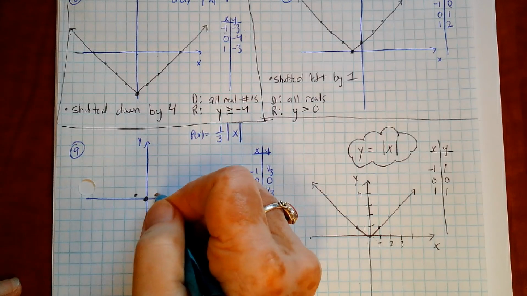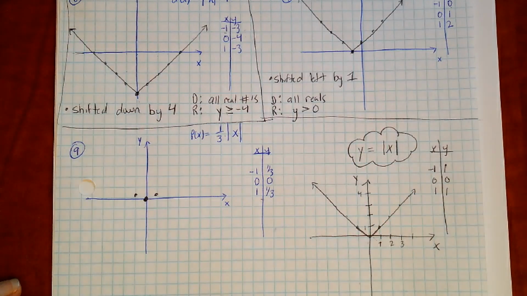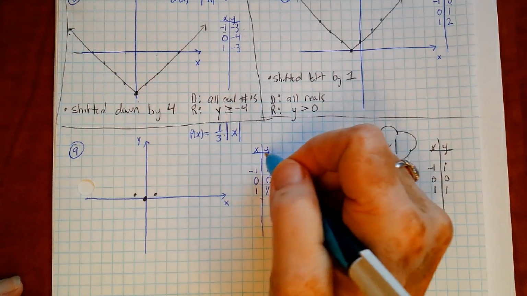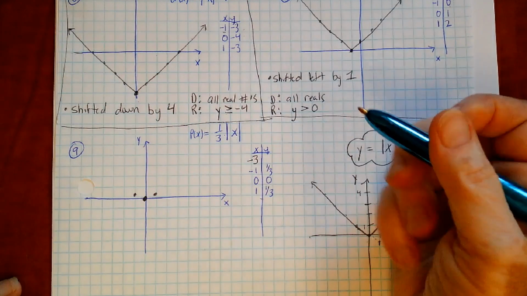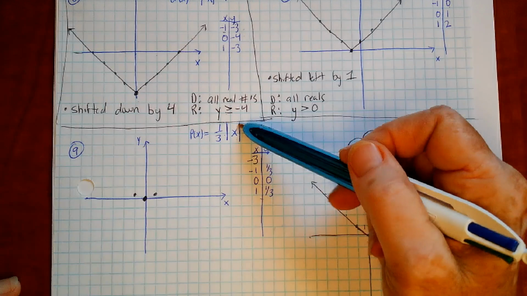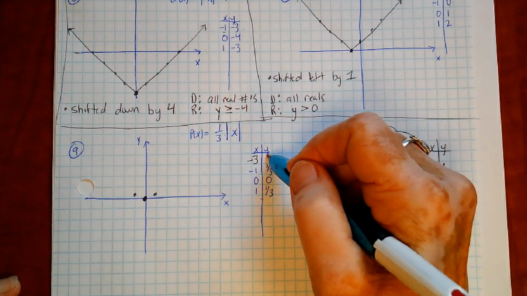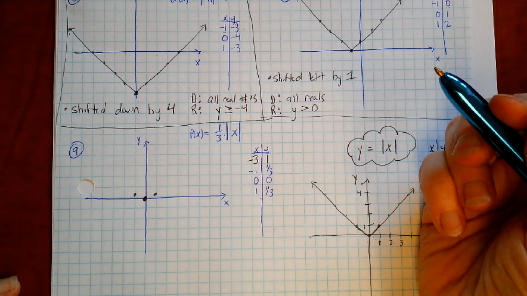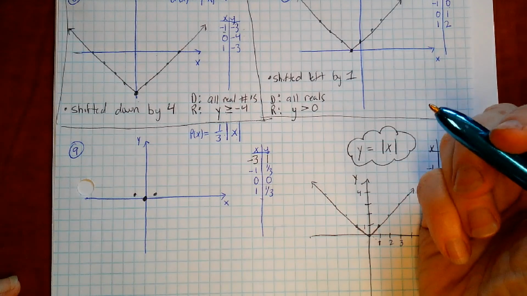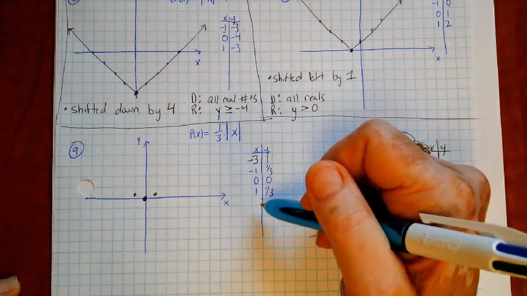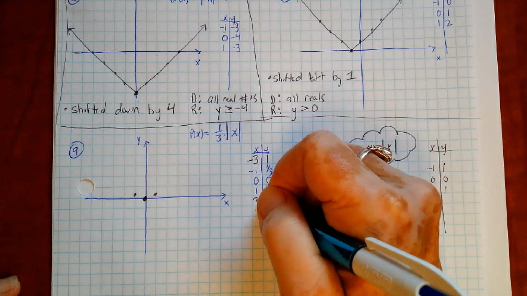And if I want to plug some more numbers in, I feel like -3 would be a nice number, because if I put a -3 in there, that's 1/3 times 3, and that gives me 1. Actually, yes. And if I plug a +3 in there, I also get 1.